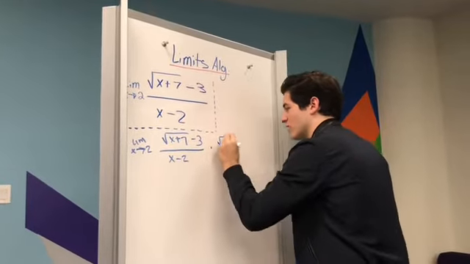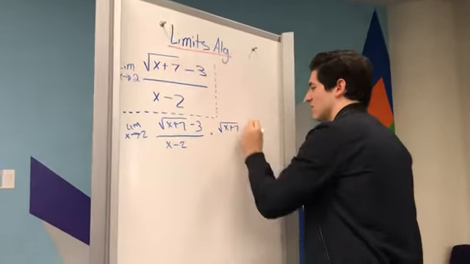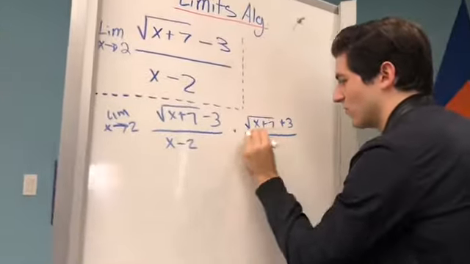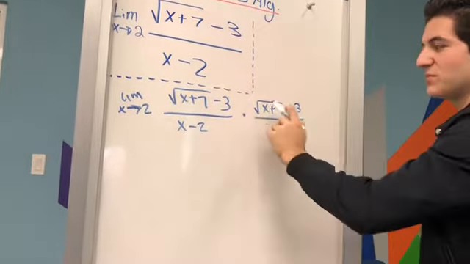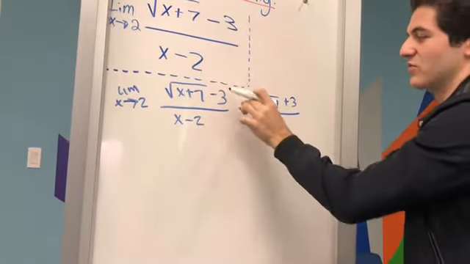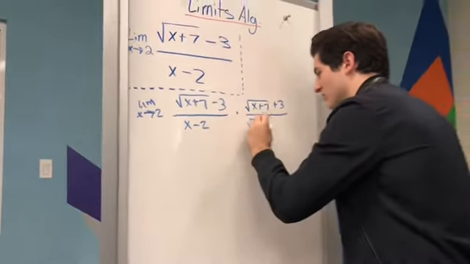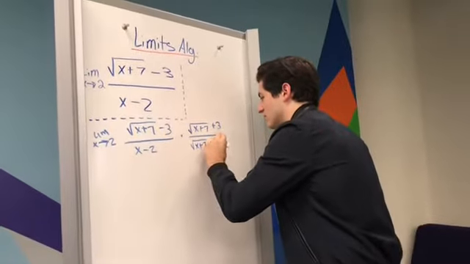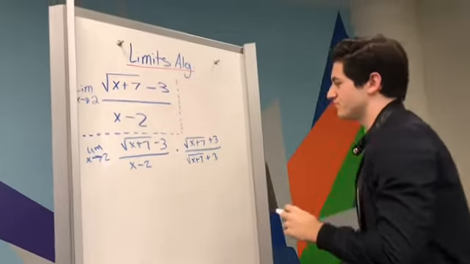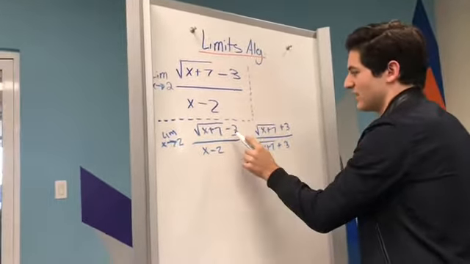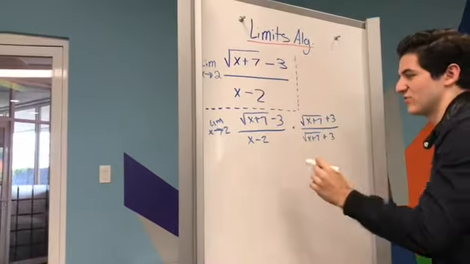So you will have the square root of x plus 7 plus 3 over, since you multiply this in the numerator, you also need to multiply it on the denominator. So you will have the same term down in the denominator. What this makes is a difference of squares.